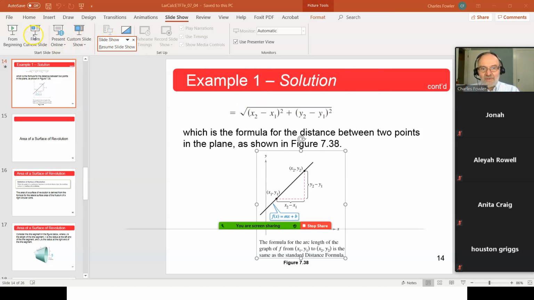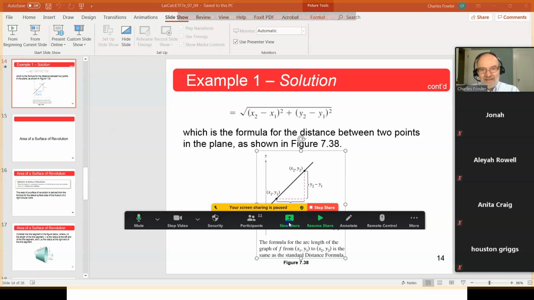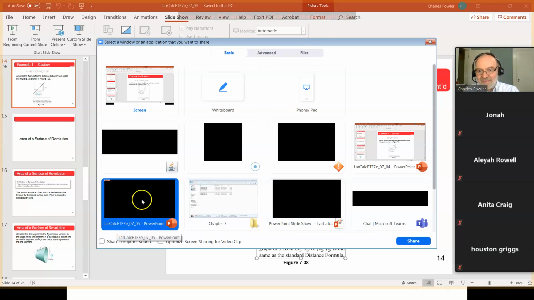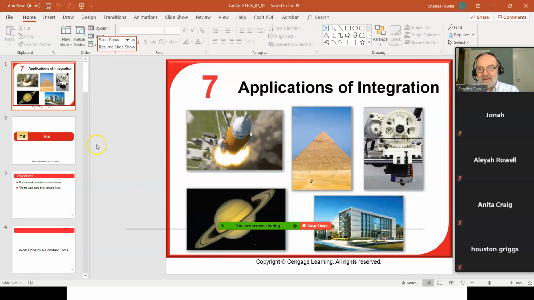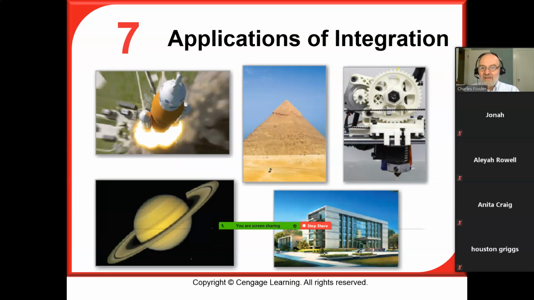Okay, we'll go from current slide. Screen sharing is paused again. Let's go back to 7.5. There it is. Okay. Now we'll go slideshow, current slide. Man, they make it difficult. Okay, can y'all see Chapter 7, Applications of Integration? Yay or nay?